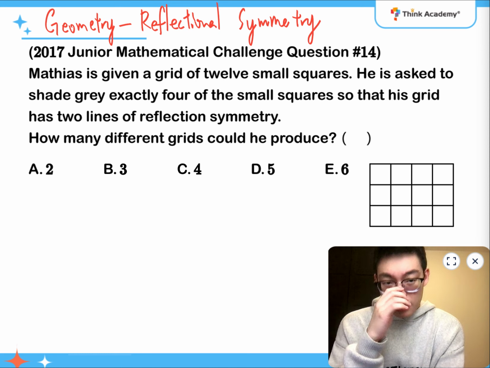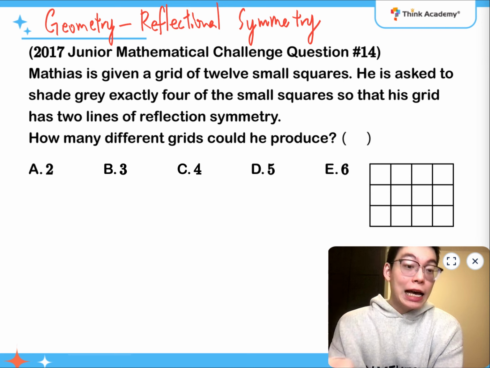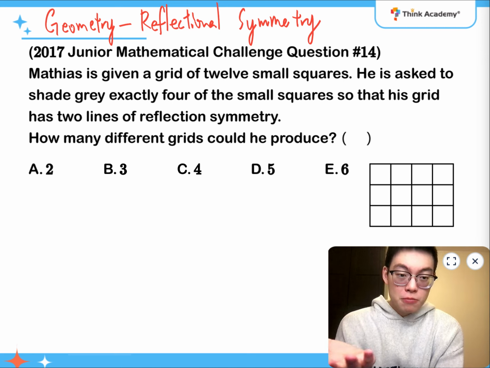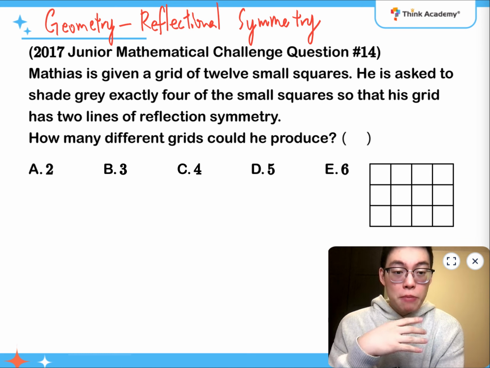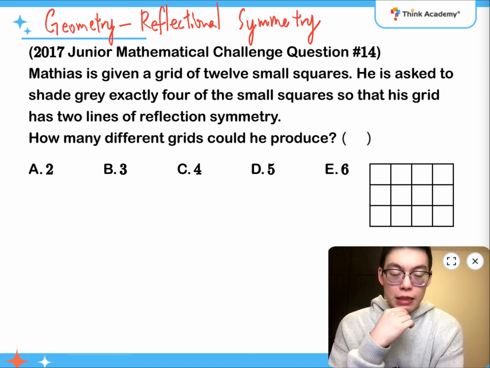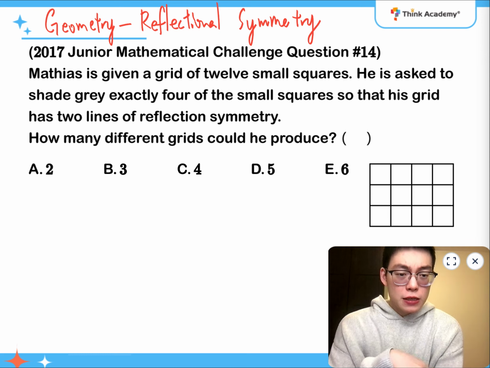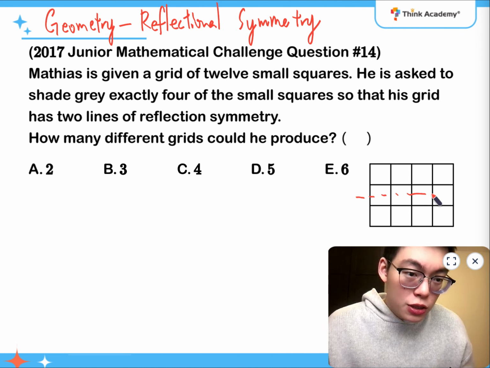Filling in some grid boxes is going to make it less. So it can make it less, or it can make it the same, but it can't make it more. There can't be more lines of symmetry when you're shading in some squares. So we can just try to draw the 2 lines of symmetry out.